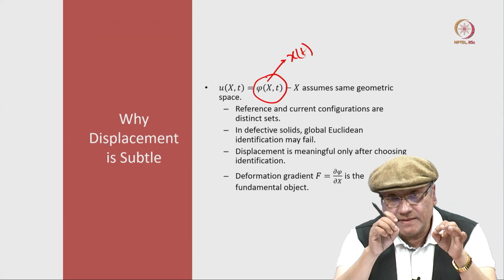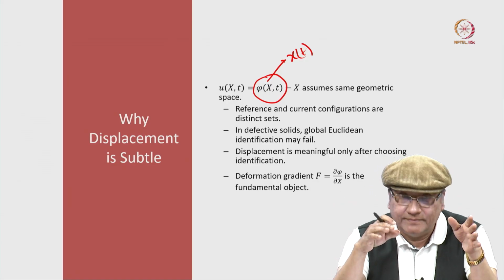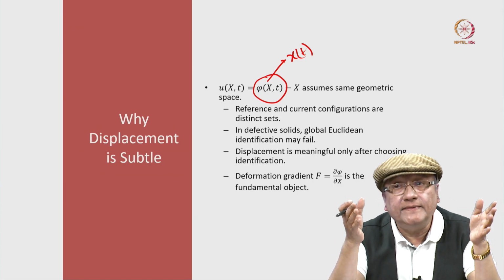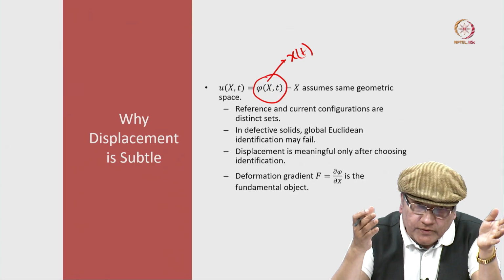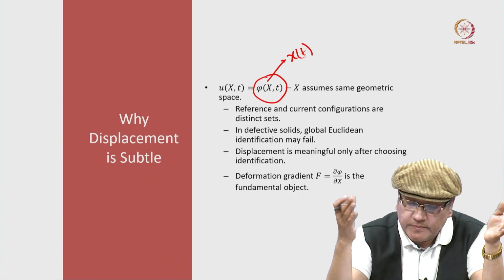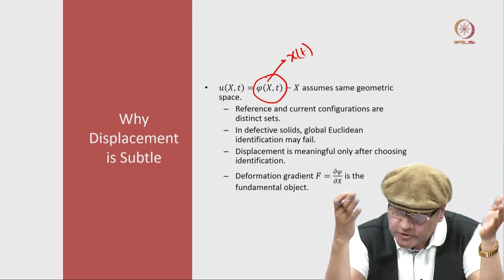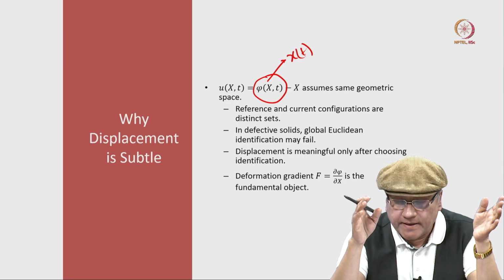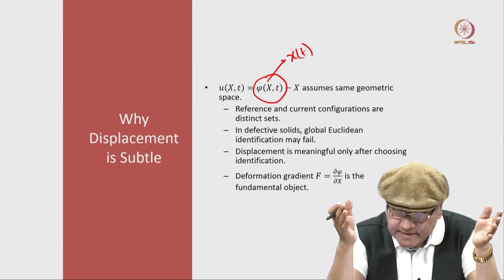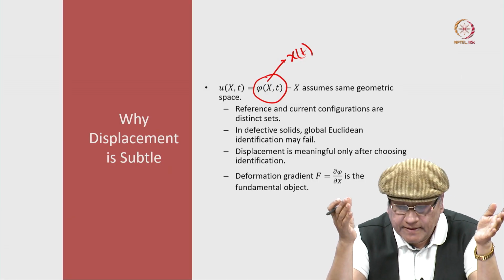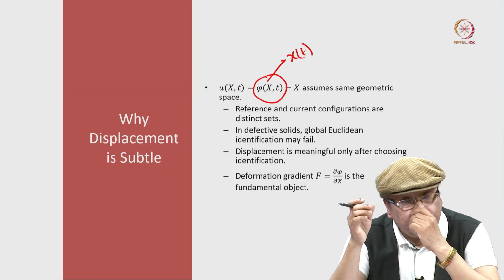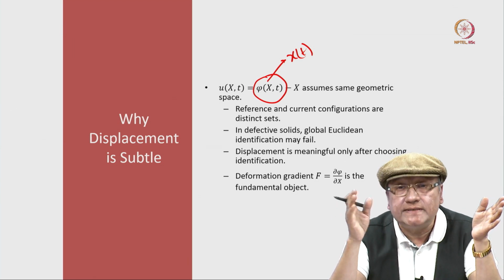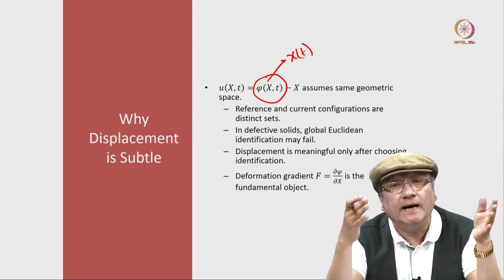But in doing so, you assume that the deformed body and the undeformed body omega 0 constitute the same geometric space, which may not be true. In fact, reference and current configurations are distinct sets, which is fine, but if there are no defects, like in elasticity, these two distinct sets are trivially isomorphic.